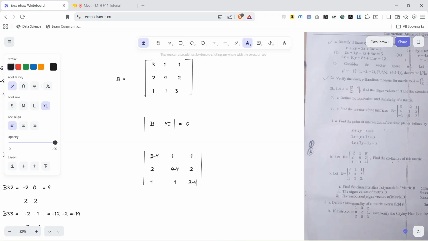So this is what this is. Remember, the first thing is we are finding the characteristic polynomial of matrix B, right?